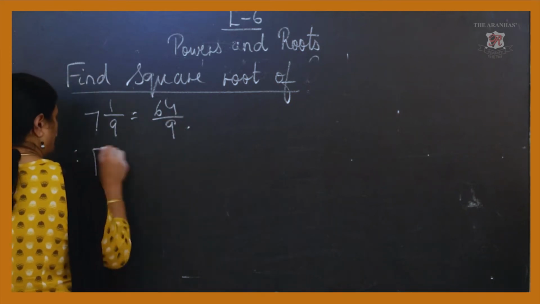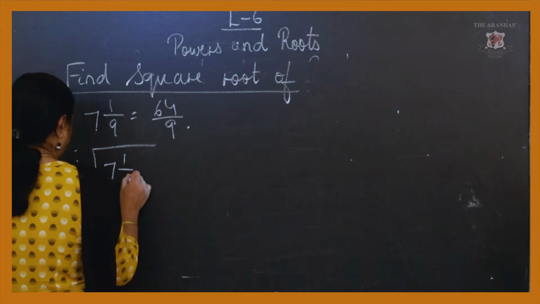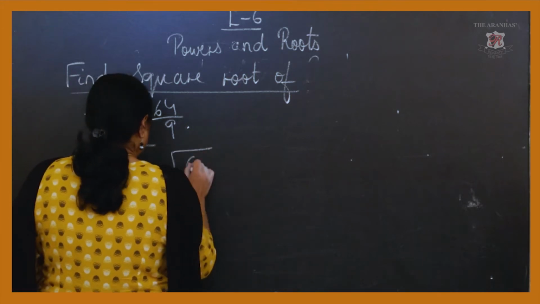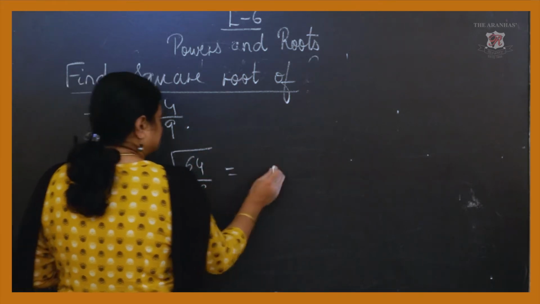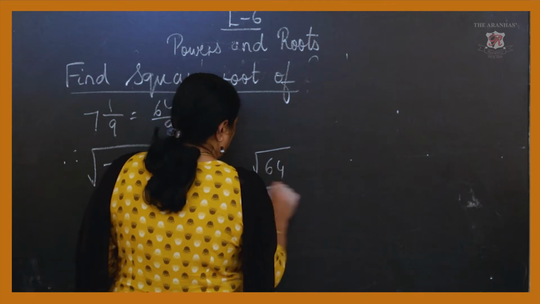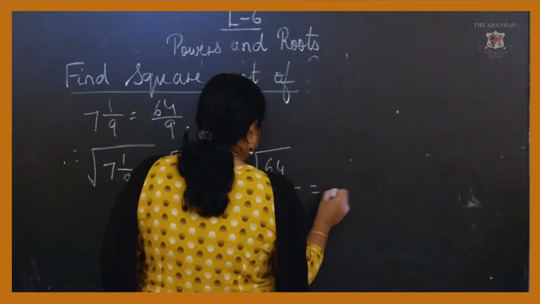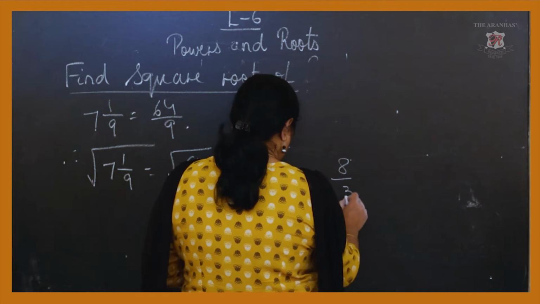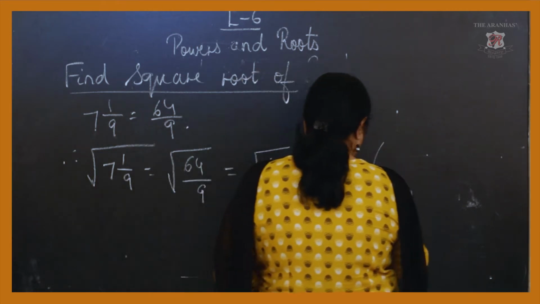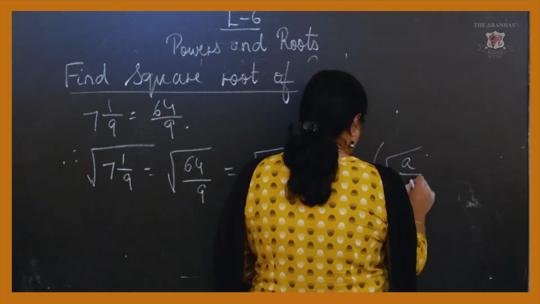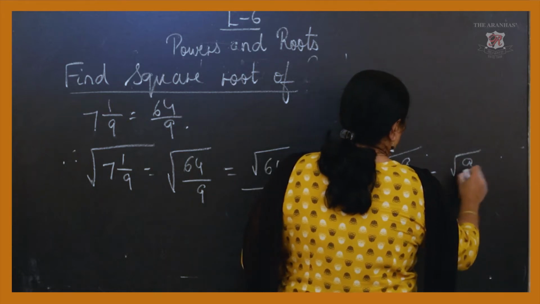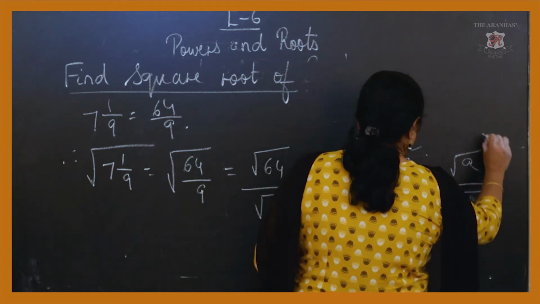So therefore root of 7 1 upon 9 is equal to root 64 upon 9, that is equal to root 64 upon root 9, that is equal to 8 upon 3. Okay, means what? This will be root A upon B is equal to root A upon root B.